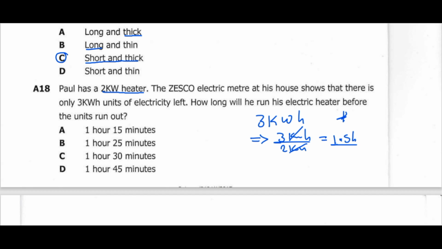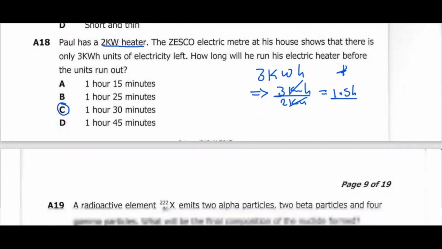So what is 1.5 hours? 1.5 is just 1 hour 30 minutes, because 0.5 is half. So 1 hour 30 minutes. I wanted to make an equation that will simplify things here, but maybe this is just enough for now.